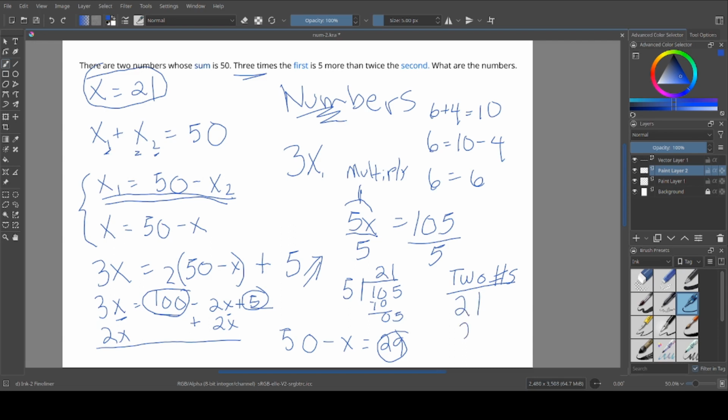And I can prove that because if I add them, they will give me 50. This is 0, carry 1, and I have 50. So I proved it. So my two numbers are 21 and 29. Thank you for stopping by, good people.